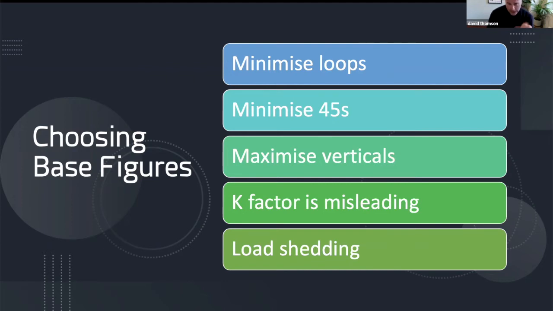And the other thing, which I'm going to demonstrate hopefully in a minute, is that K factor is not necessarily a good indicator of whether or not you're going to get a good score on a figure. And the reason for that, I think, is something to do with load shedding, which is a concept that Alan talks about in his book, which I'm sure many of you, if not all of you, have read.